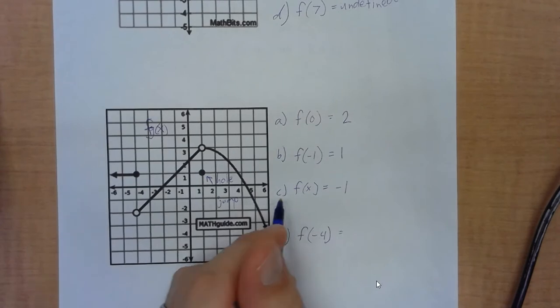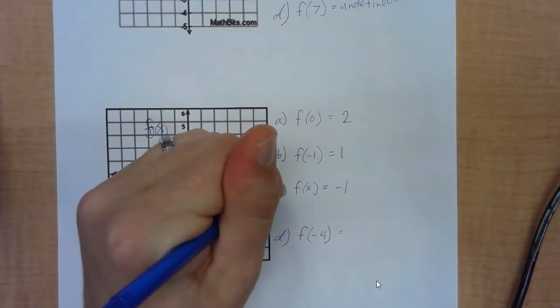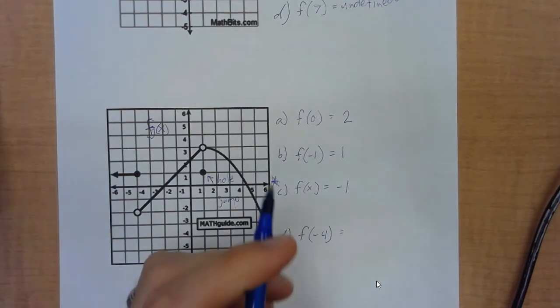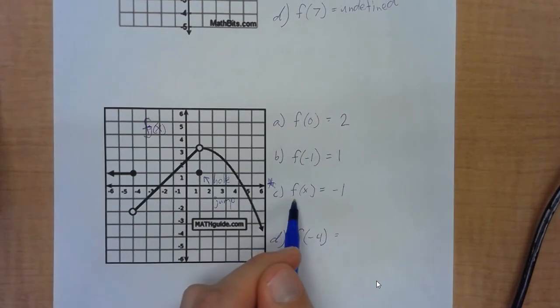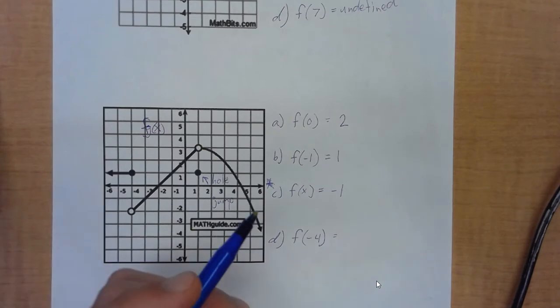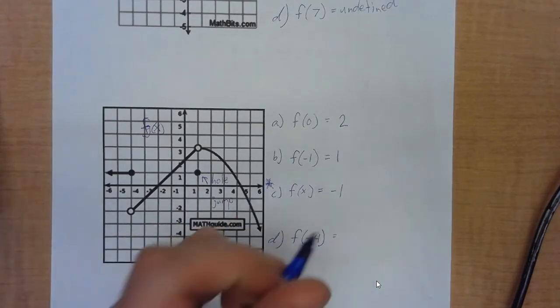Now this one here is the exact opposite question. This one's saying when f of x is equal to 1, what is the x value that makes this statement true? So now this is actually my y value.